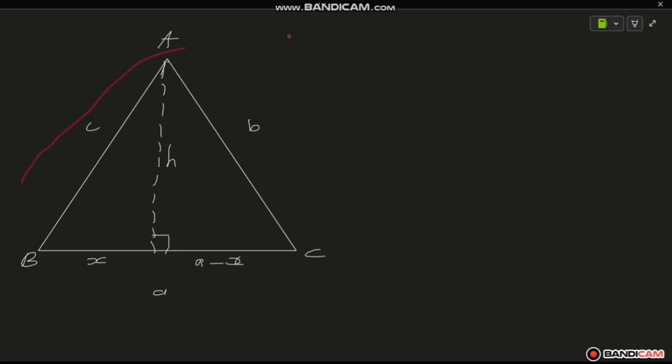Now, since we indicated that we have this right angle triangle and this right angle triangle, I'm going to use the first triangle with the red pen and look for sine B. Remember, sine B equals opposite over hypotenuse, which is h over c.